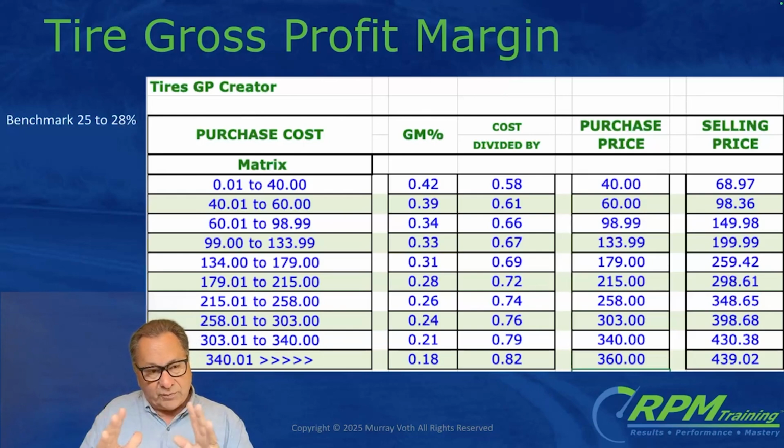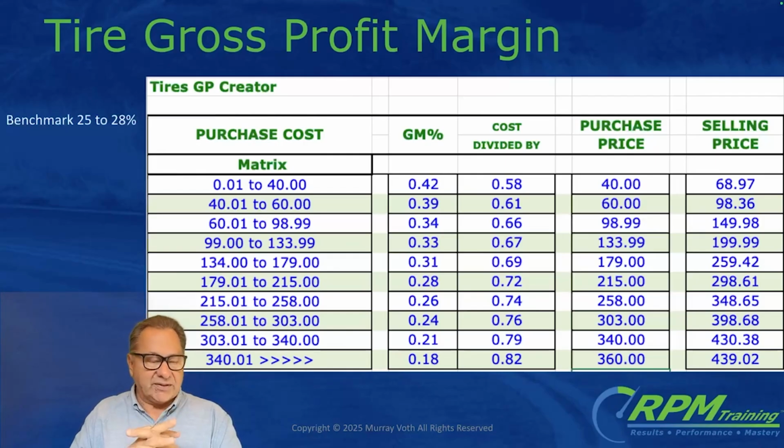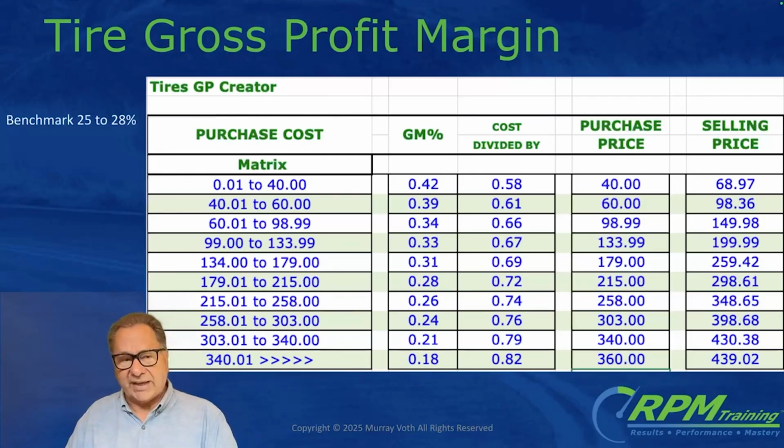For some reason, going further west, there is an ability to make a slightly better percentage margin on tires. And there's many circumstances that have caused that margin thing to be that way, which I won't go into for the sake of the course. But 25 to 28 is the goal that I have with my clients to achieve the gross profit on tires.